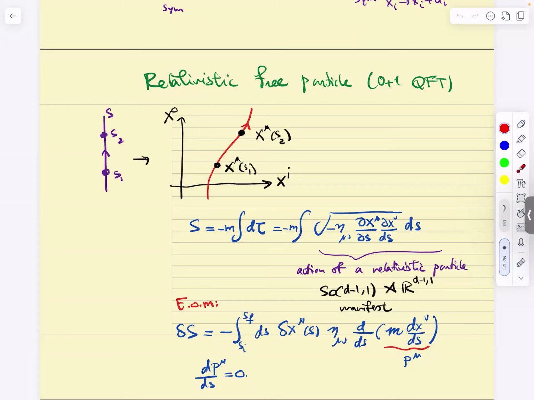Let's give these names. We're going to call this the target space. I've been calling it the field space, but let's call it the target space. Okay, so when I'm talking about this 0 plus 1 dimensions, it's this guy, that's 0 plus 1 dimensions.